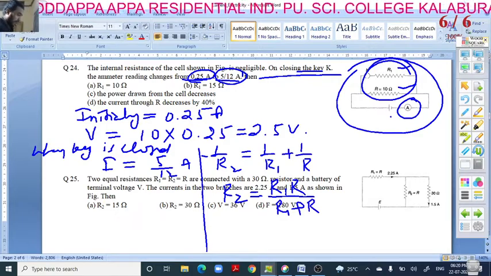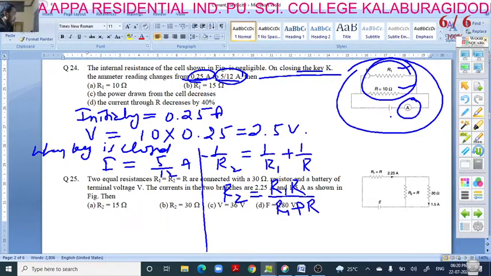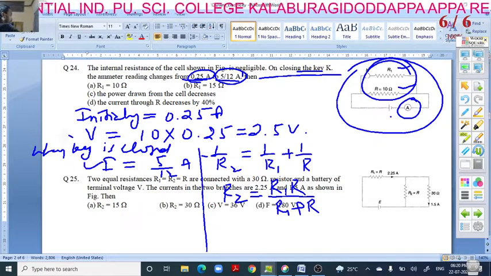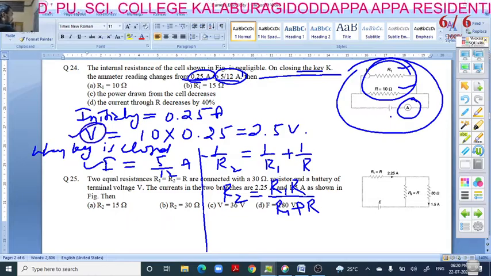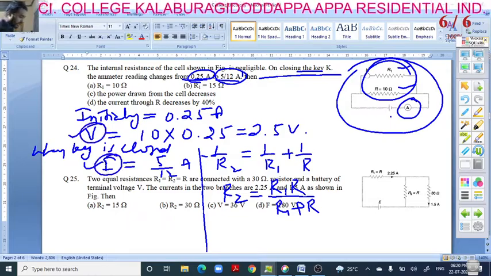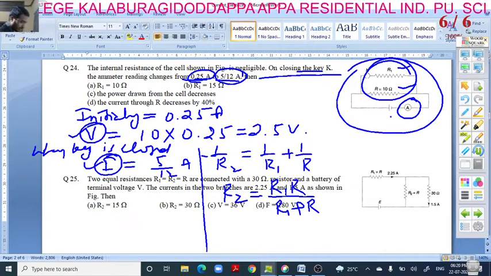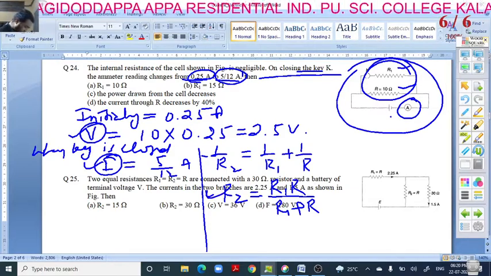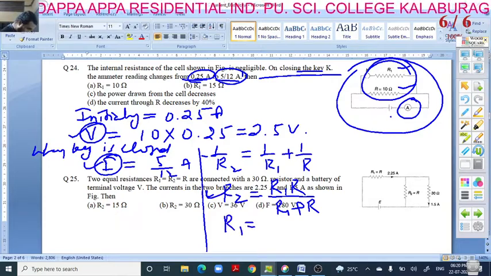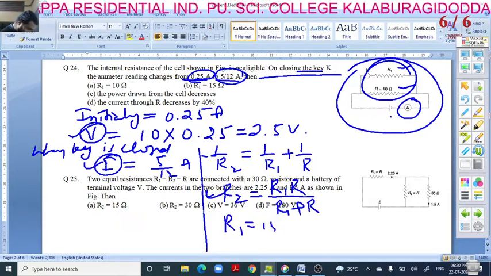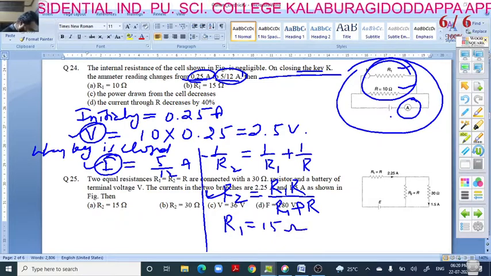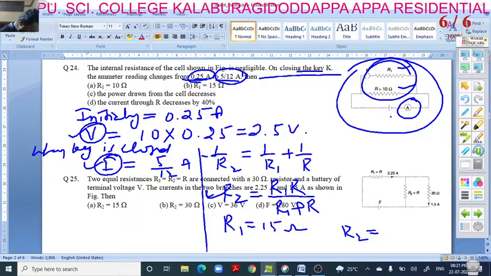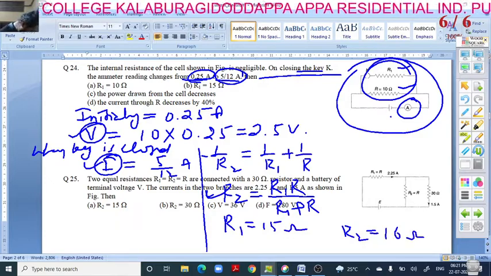Then R2 is equal to R1 R divided by R1 plus R. Simple it is. And here we know the value of I and V also. With the help of the V value and I value, using this formula and this value of R2, by simplifying, R1 is equal to 15 ohm and R2 is equal to 16 ohm.